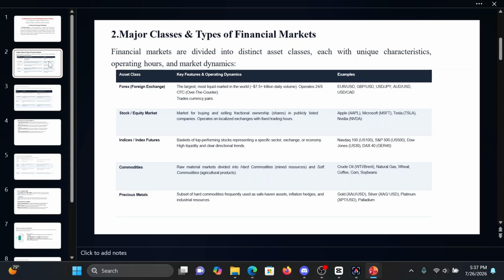For example, Apple, Microsoft, Tesla, Nvidia, Meta, Alphabet, and many more. You buy a share in that listed company, which they call a stock, so you own part of the biggest company.